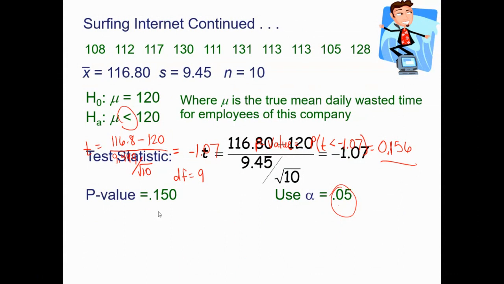Would we be wrong in the homework or anything like that if we did it a different way? On y'all's homework for where you have to do the T statistic, you actually can get away with using the table. You don't even have to use your calculator.